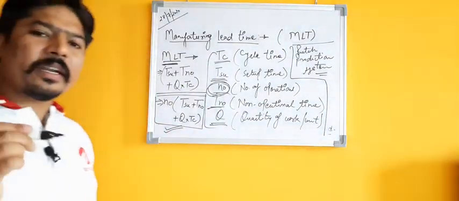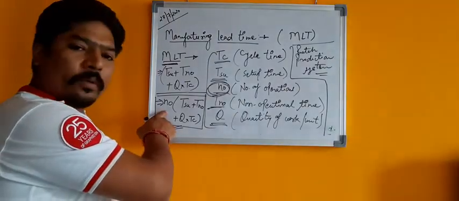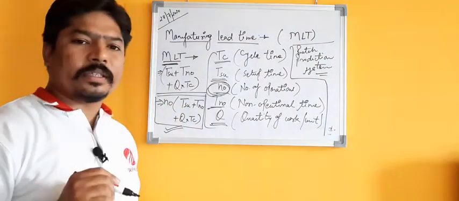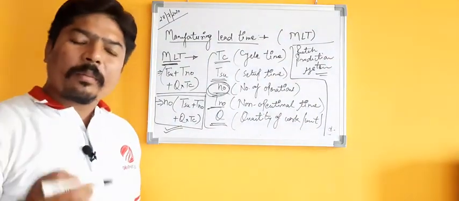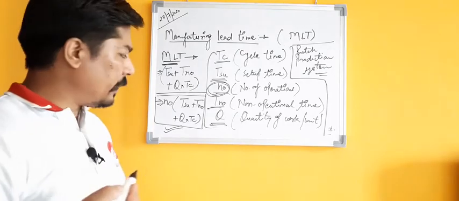So the manufacturing lead time for any factory we can calculate from this formula, NO into TSU plus TNO plus Q into TC. From here we can calculate the manufacturing lead time for a component, a part, or a product in any manufacturing system or production facility.